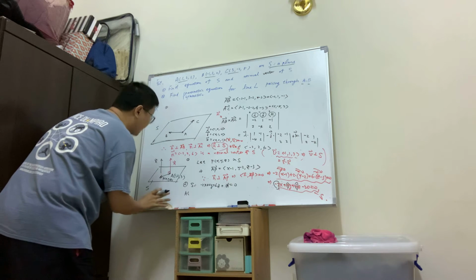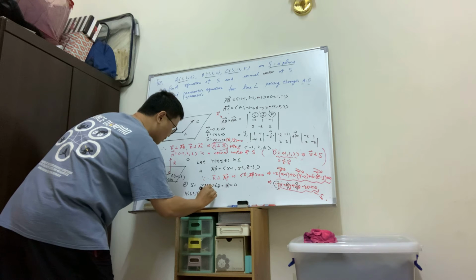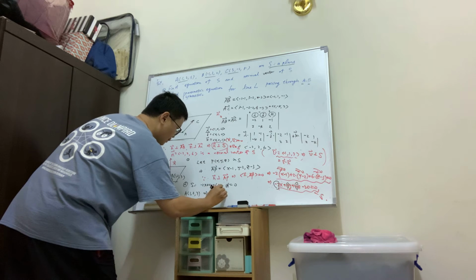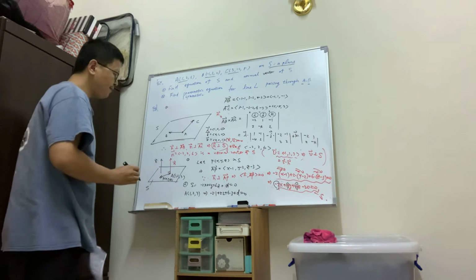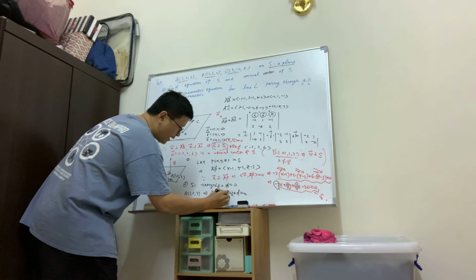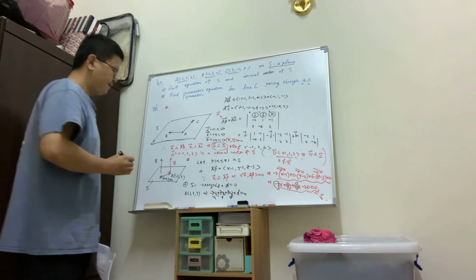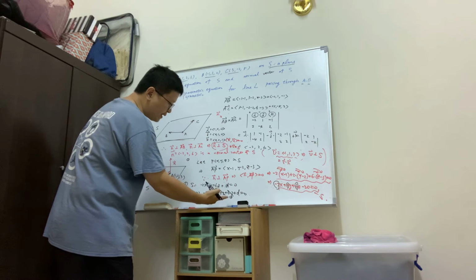So now we plug in A, 1, 2, 3. You will get negative 2 times 1 plus 2 times 2 plus 6 times 3 plus d equals 0. That is negative 2, 4, 18. Negative 2 plus 4 is 2, 2 plus 18 is 20.